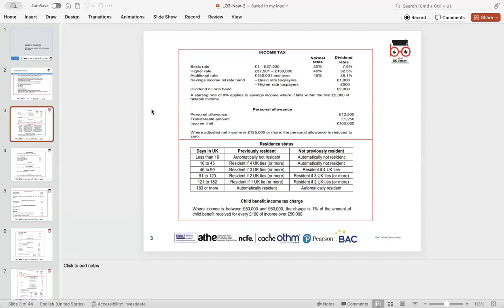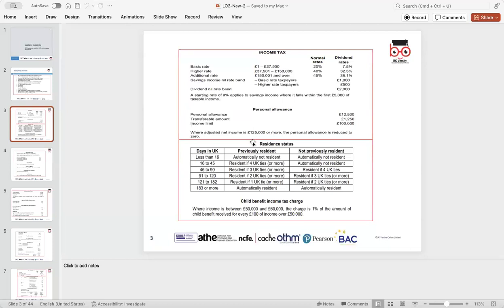So personal allowance: everyone is entitled to a certain amount of income that they don't have to pay tax on. For the current tax year, the personal allowance is 12,500. Additionally, there is a transferable amount of 1,250 for some individuals.